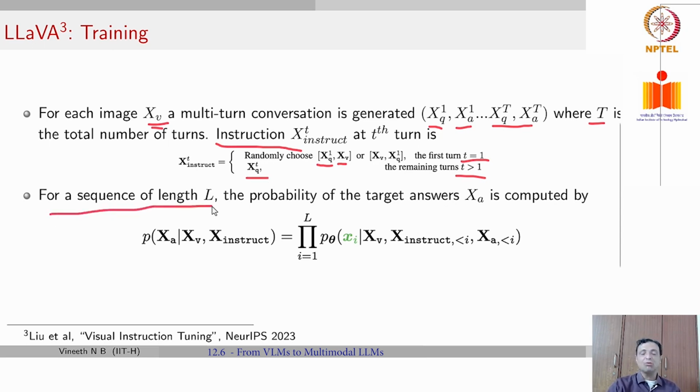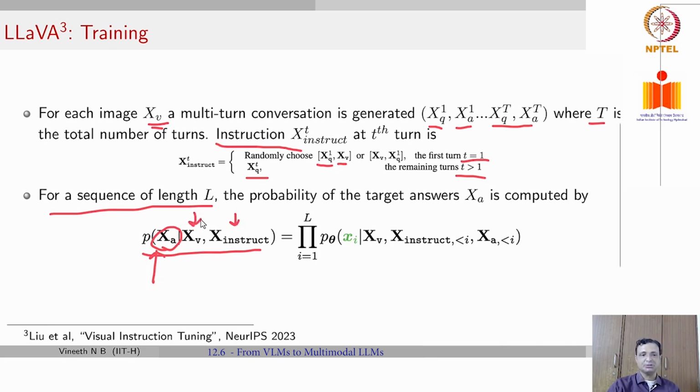And for a sequence of length L, the probability of the target answers, which are given as XA, is computed by the probability of XA given XV and X instruct. Please keep in mind that this probability is the output of the LLM. And LLMs, if you recall from an earlier lecture in this module, are autoregressive models, which means you predict a word based on an input, and in this case also an image.